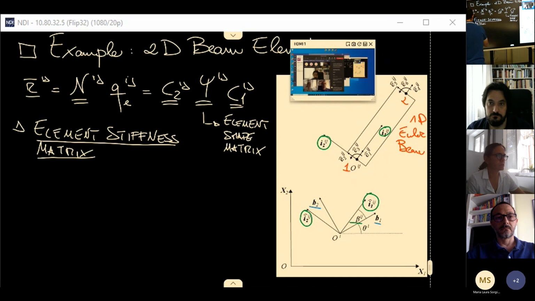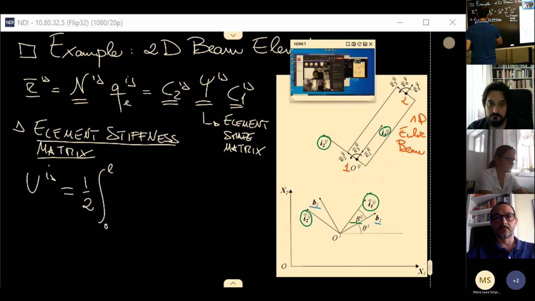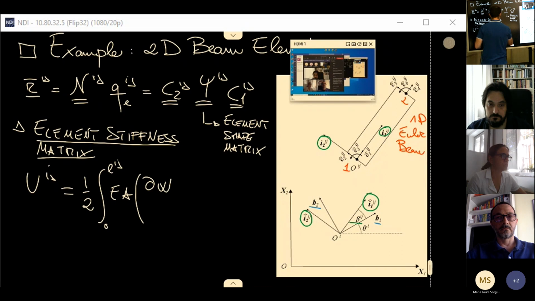So the potential elastic energy to the body, in this case, has the very familiar formulation, which we are already aware of, which is of the sort which I'm going to recall in here.